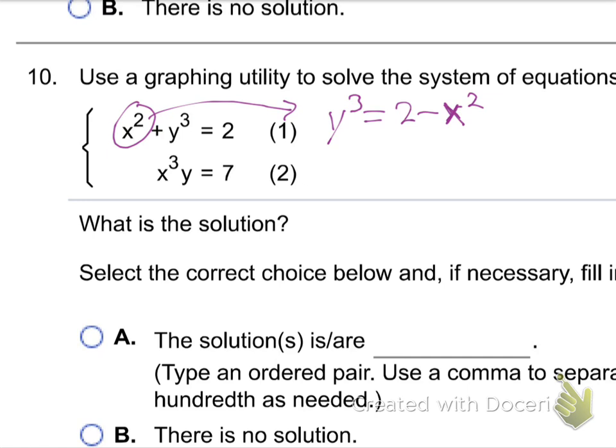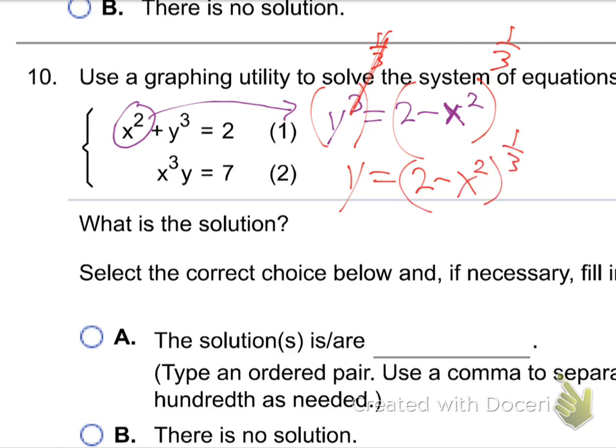Times it by 1/3. Yeah, remember how we learned in the last section of the course, to get rid of a power, you do 1 over that power or the root. It's the same thing. So I will come in here and go 1/3 power, and these cancel. So y is 2 minus x squared to the 1/3 power.